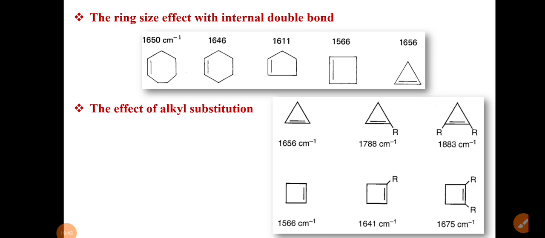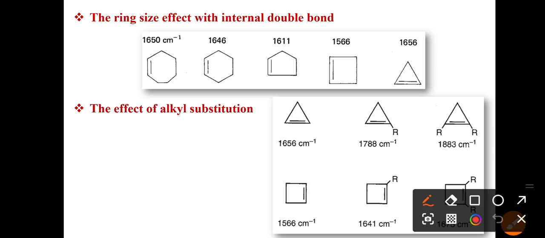Okay, here is very important, the ring size effect with internal double bond, right? In IR spectroscopy, what is the effect of ring size on an internal double bond? Here we can see in the first one a 7 membered ring, then 6 membered ring, then 5 membered, 4 membered, and here is a cyclopropane ring.